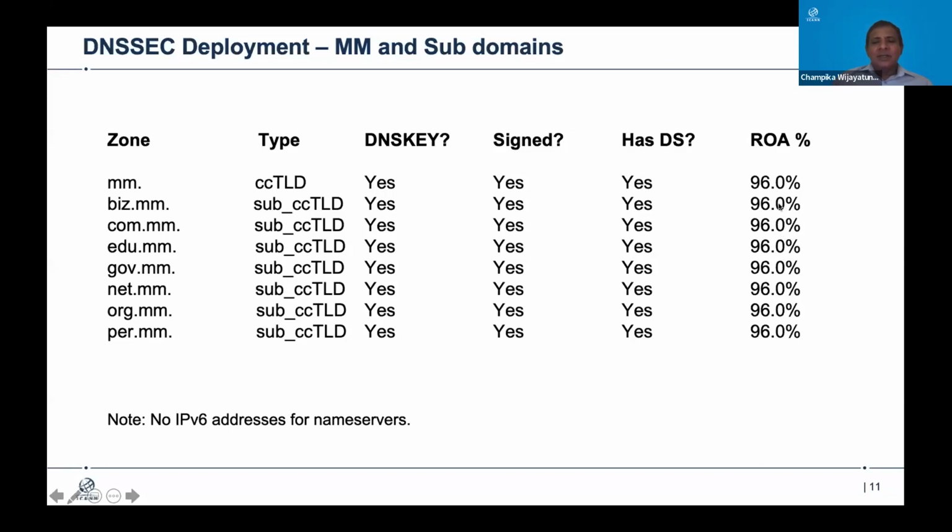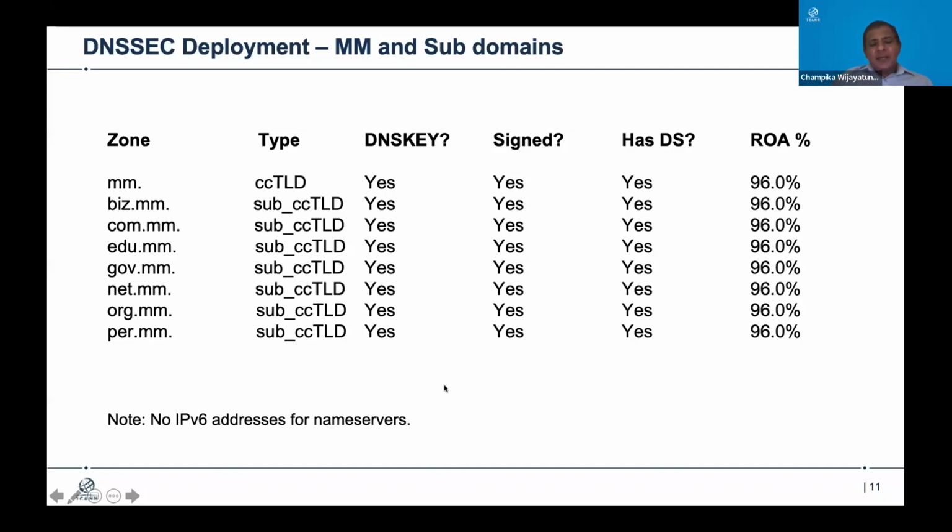It's pretty good in Myanmar's case: about 96% of those have a ROA, except only one of the name servers in .mm and these second level domains. One of the name servers, that IP block did not have a ROA. That's why the small percentage of 4% was gone. Other than that, 96% have ROAs. Okay, so that should be fine as well.